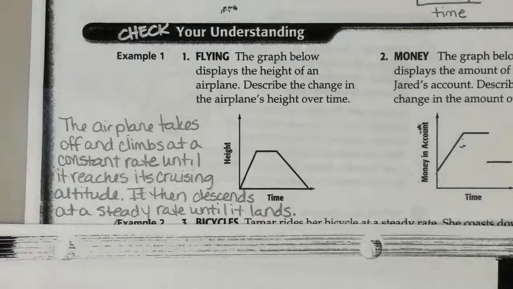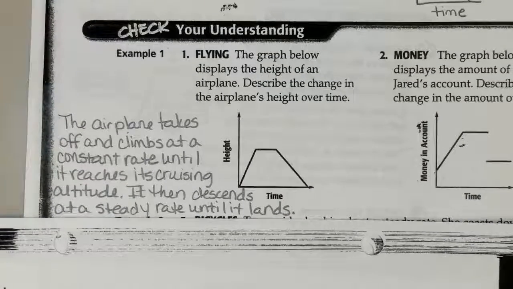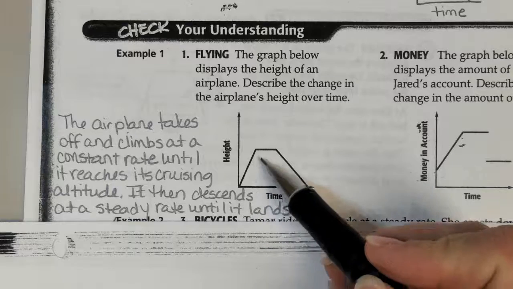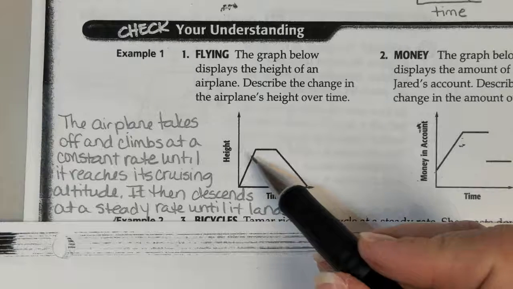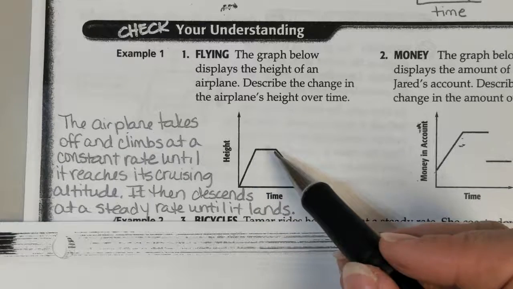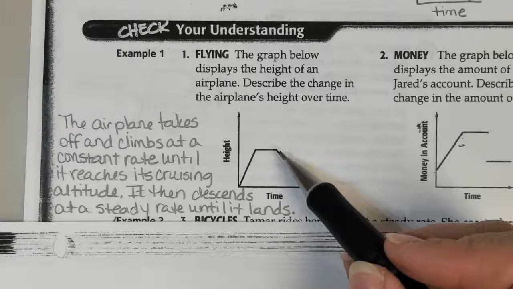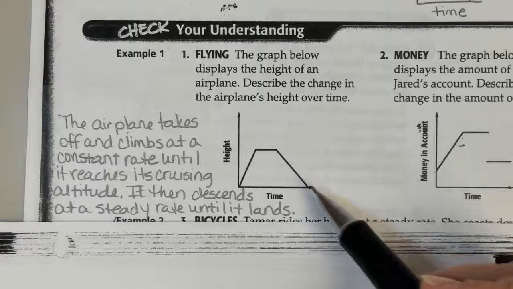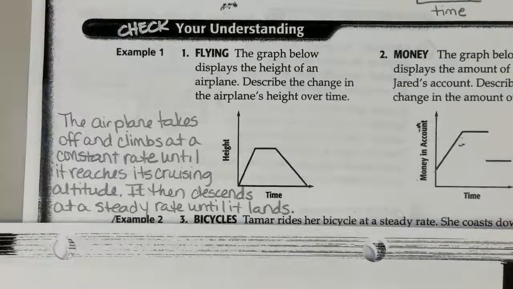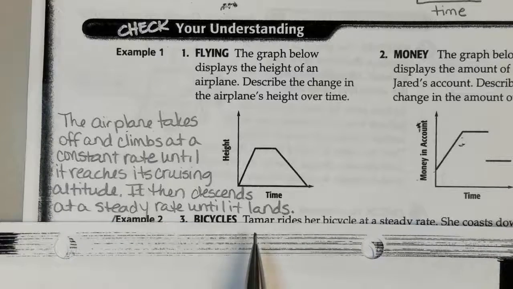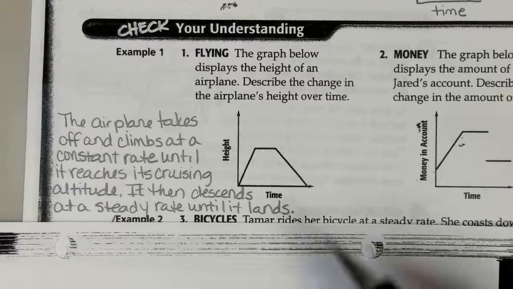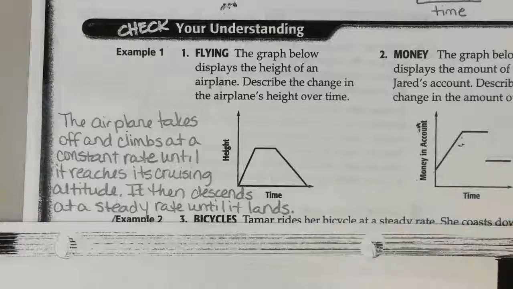What I put was the airplane takes off and climbs at a constant rate. It's a straight line until it reaches its cruising altitude, and then it cruises. It flies at that altitude for a while, and then it descends at a steady rate until it lands. Okay, so because I put steady rate and constant rate, that shows straight lines.